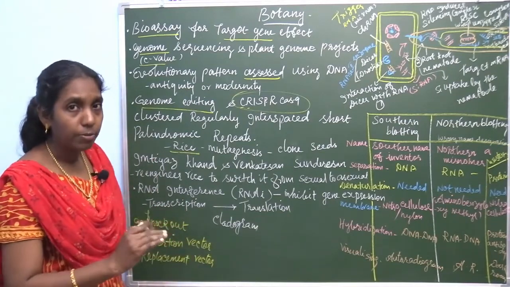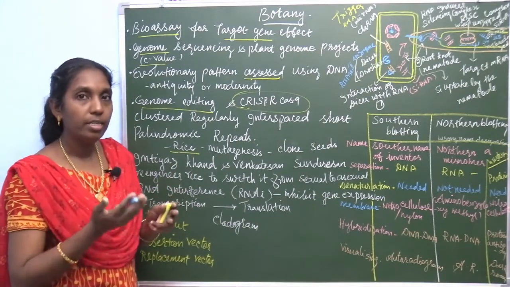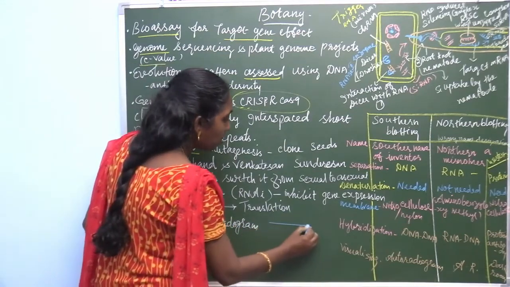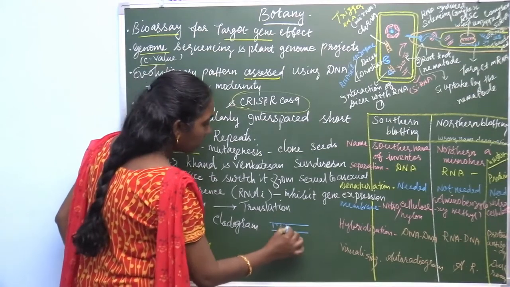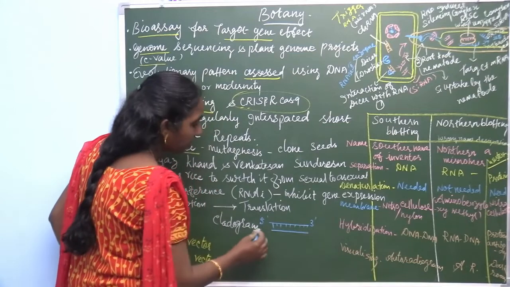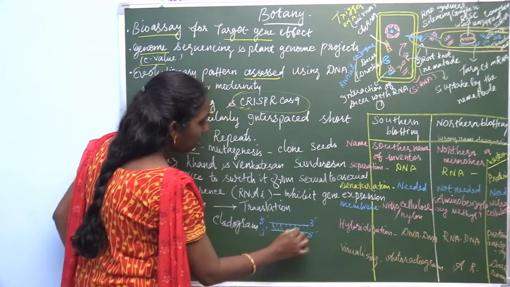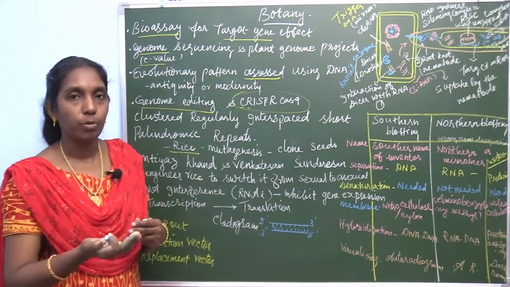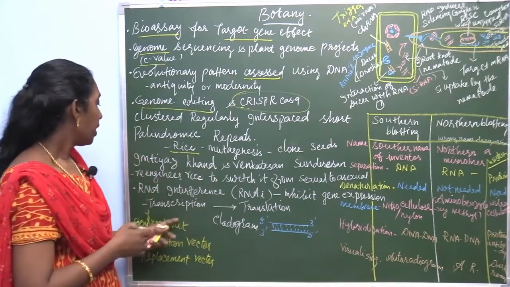In transcription, the genes are located in the DNA sequences. You all know that there are two complementary strands, one in the 5' to 3' direction and another in the 3' to 5' direction. Transcription is the first process when characters are expressed.